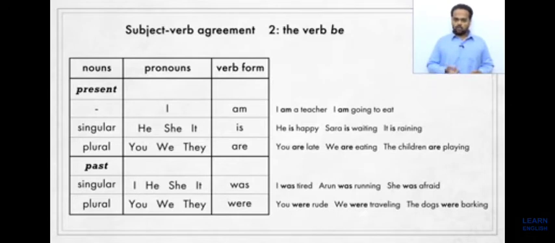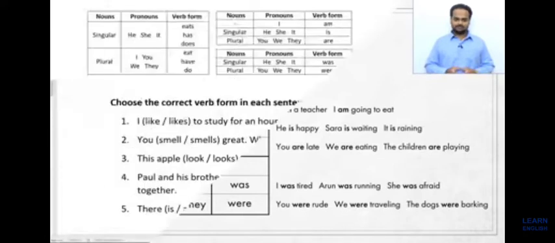Am going, is waiting, is raining, are playing, was running, were traveling, were barking. These are in the present or past continuous tenses, but the form of the verb be, am, is, are, was, and were, is what changes depending on the subject. If you memorize the simple rules in this table, you'll find that using the verb be correctly is really no trouble at all. All right, if you're ready, it's now time for our quiz.